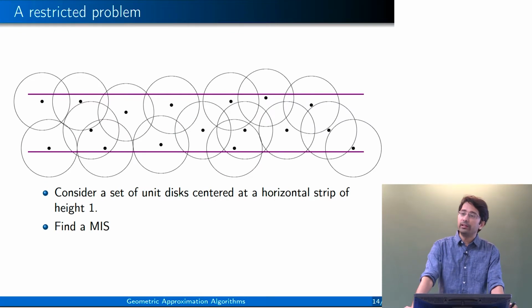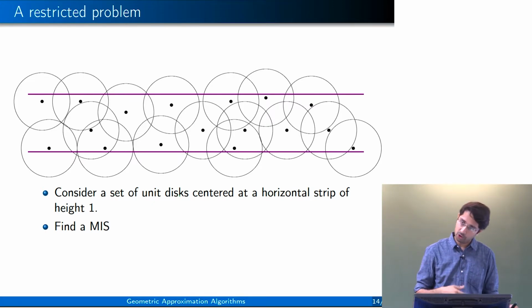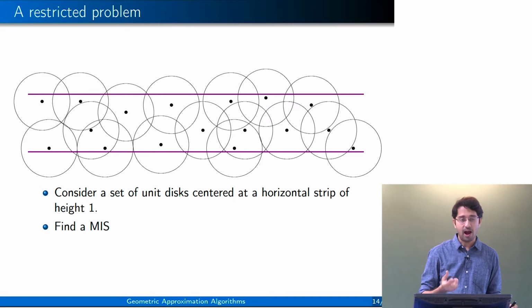Now, let us try to find an approximation algorithm for this problem: we are given a set of unit disks and we would like to find a maximum independent set of disks among the given set. But again, when we find a difficult problem, what do we do? We simplify. Instead of having any number of disks anywhere, I am assuming that the given disks are inside a strip of height 1.